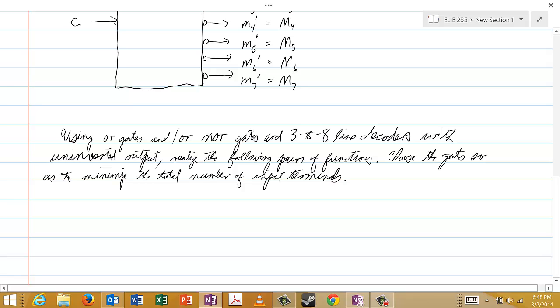And by the way, I want to give credit for this problem. This is from a book called Digital Principles and Design.